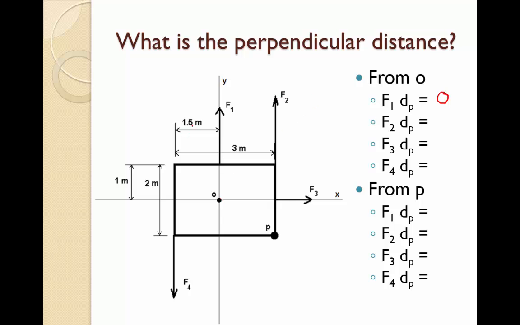F2 to point O has a perpendicular distance of 1.5 meters. F3 to point O, since F3 goes through point O, it's not going to produce a tendency to rotate, and so that's 0. F4 to point O has a perpendicular distance. If we look at its line of action, the perpendicular distance is 1.5 meters.